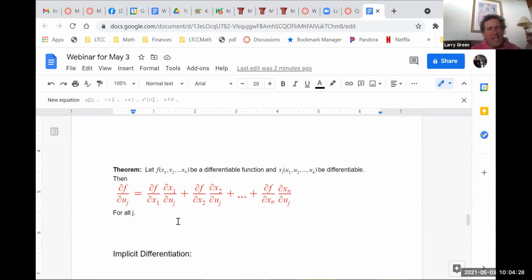The first thing, in general, is that if you have a function of many variables, f of x1, x2, dot dot dot, xn, and it's differentiable, and each xi is a function of many variables, u1 through uk, that are all differentiable, then here's the general chain rule. You could call it the third chain rule, but this actually works for all. It's just hard to read.